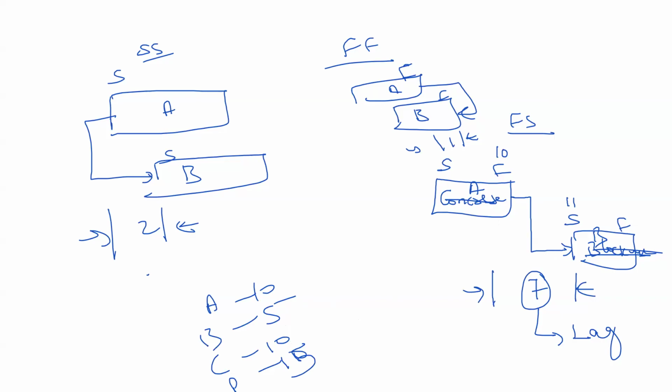That's about lag. Next one is lead. Lead is opposite to lag. So what is lag? After finishing or starting an activity, you have to wait for some time to start or finish another activity.